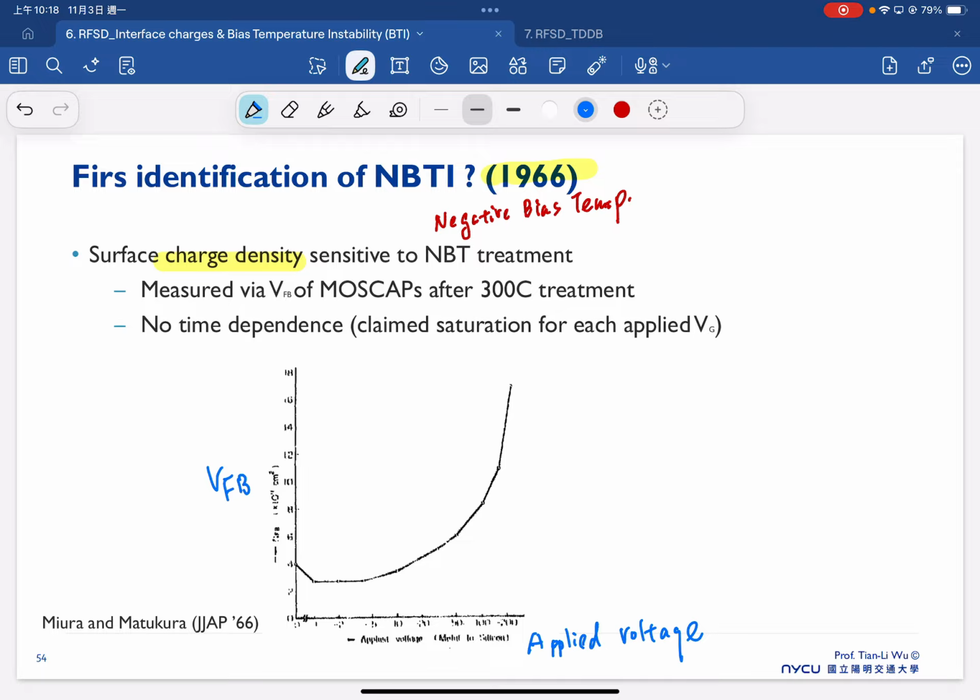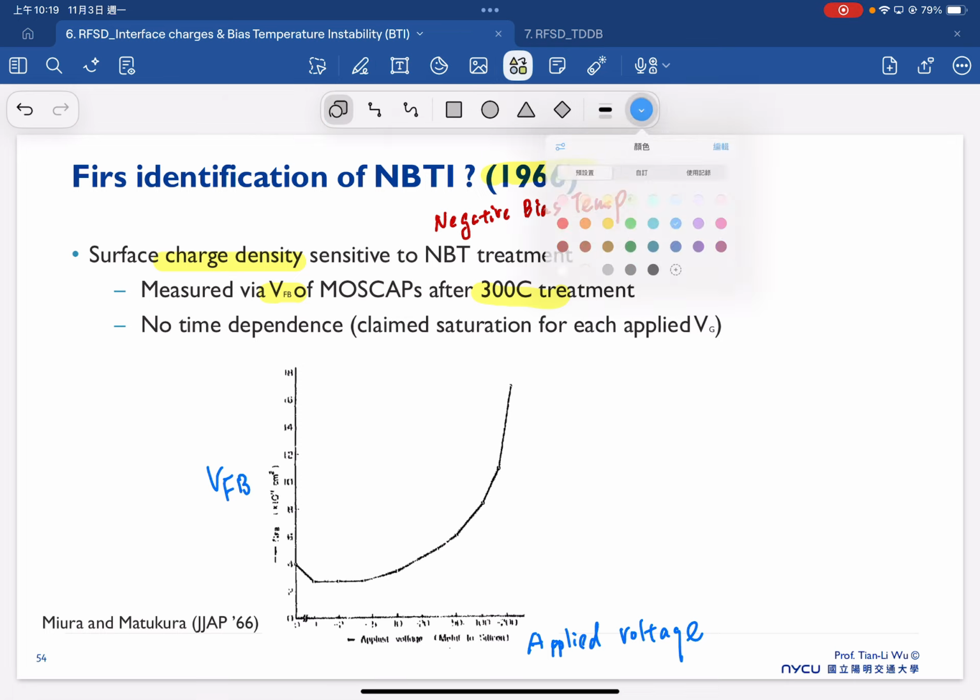Now we can see the flat band voltage has a certain shift. This is a measurement of flat band voltage after 300 Celsius degree treatment. But at the moment, there's no study on the time dependency. This literature only reported a bias dependency, so there's no time dependency here.